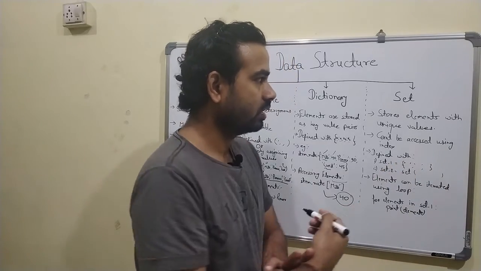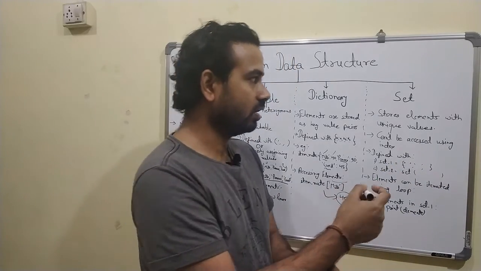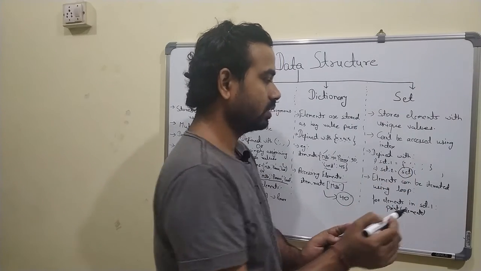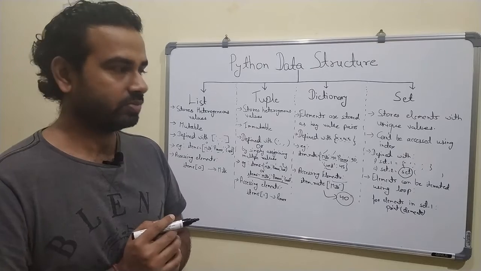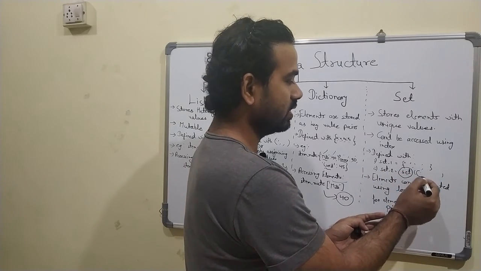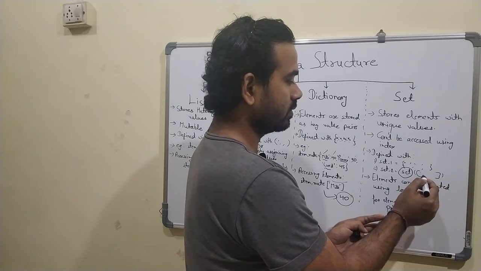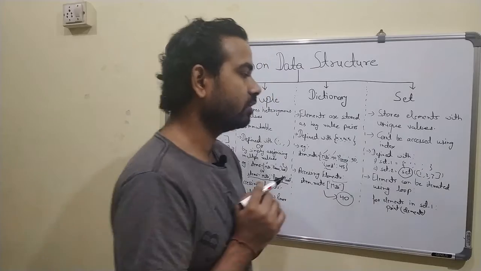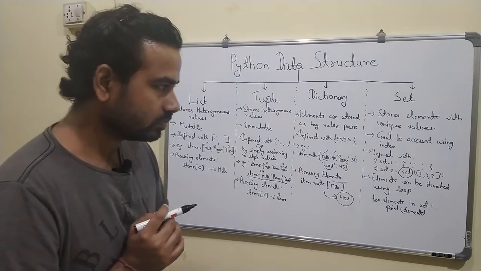This will define a set for you. Another way to define a set is by using the set object, and within the set object we can pass the values here, and your set object will be created.